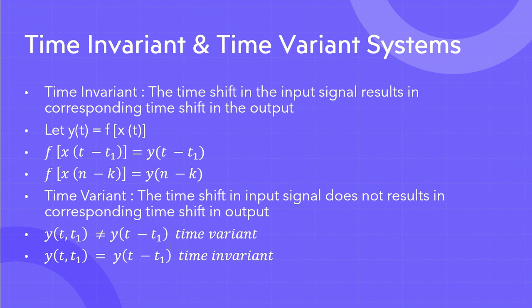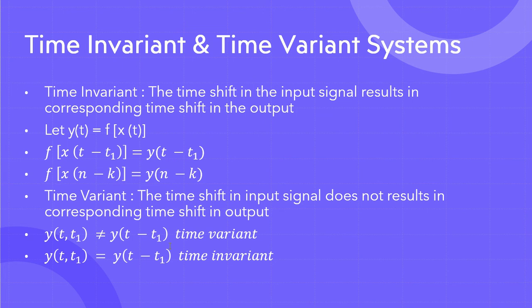Because of this change, when a change in input takes place, the output also changes, so time invariant systems are also called fixed systems, right? And then let's come to the other one, the time variant.